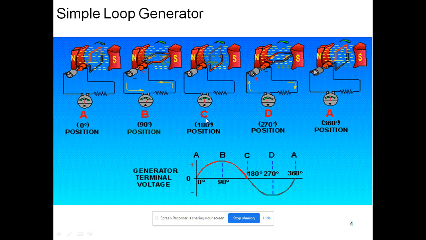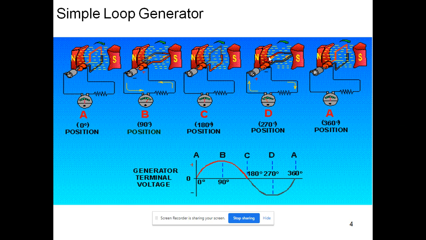Let us see in the diagram, when the rectangular coil is further rotated, there will be no cutting of flux. Again the terminal voltage becomes 0. On further rotating this rectangular coil, these conductors will be exactly perpendicular to the magnetic flux.